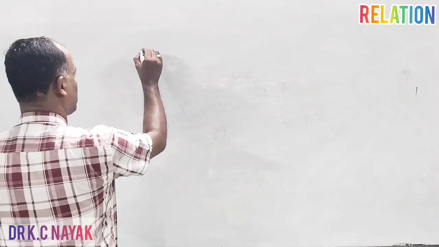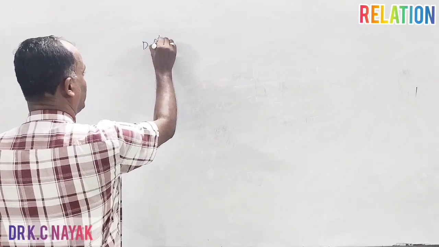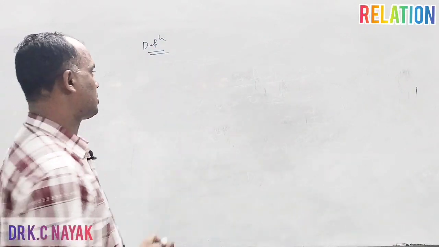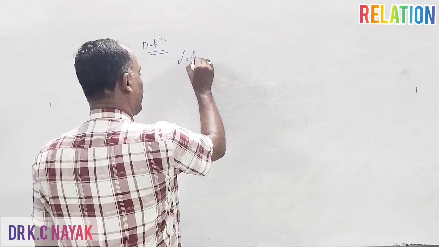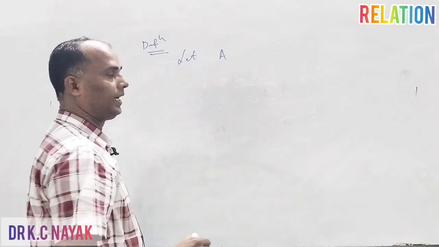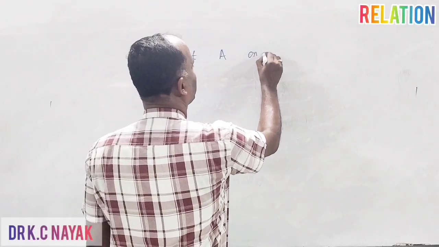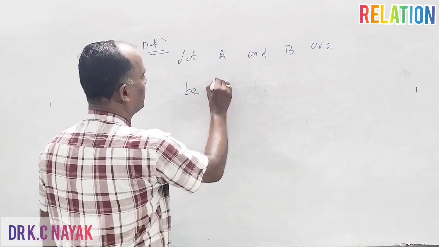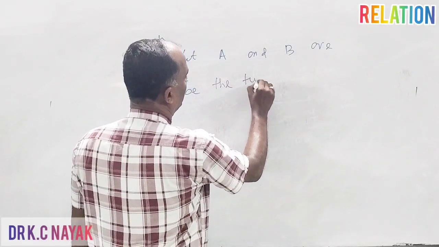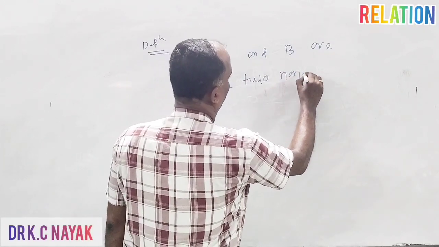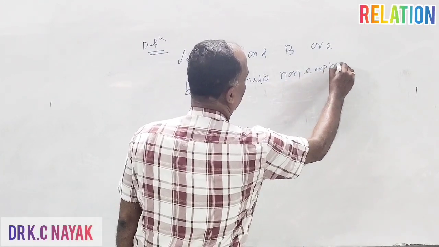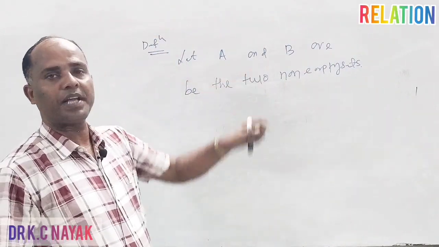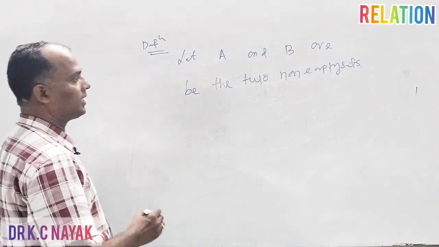Just you see what is the definition of a relation. Let A and B be two non-empty sets. That means A and B are two non-empty sets.